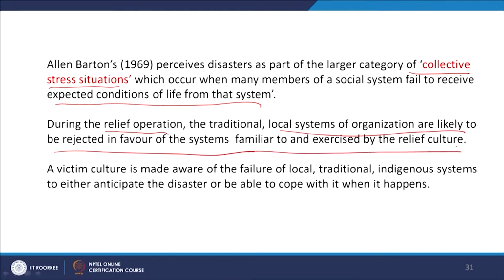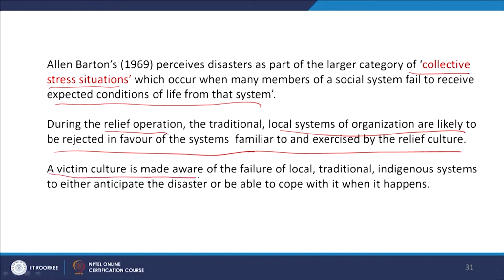So whenever relief organizations, whether it is World Vision, Oxfam, Christian Aid, Red Cross, or any other organization, come to these affected areas, they don't even consider what the local system is. They simply believe that these traditional and local systems don't work.